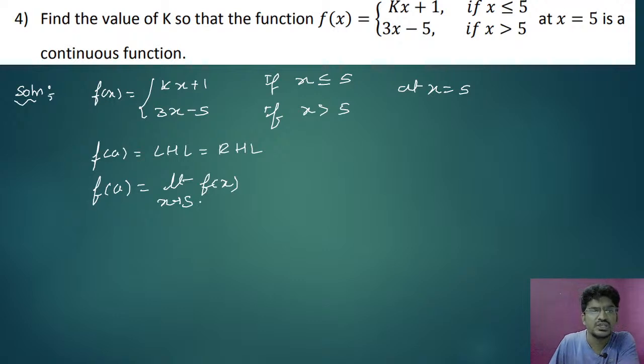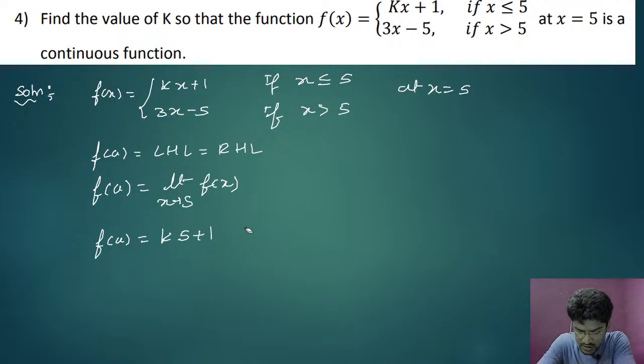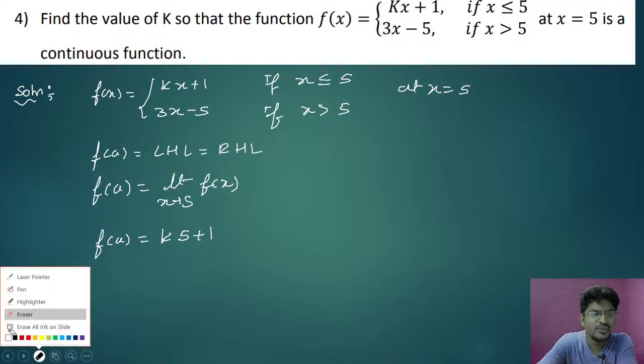So for this you can take first f of a, that is a value is 5, k into 5 plus 1, that will be 5k plus 1. Okay, you can take x value as 5, so that it will be 5k plus 1. Clear? So now f of a is 5k plus 1, you can take limit extending to 5.